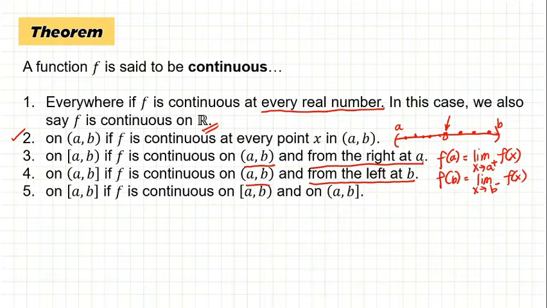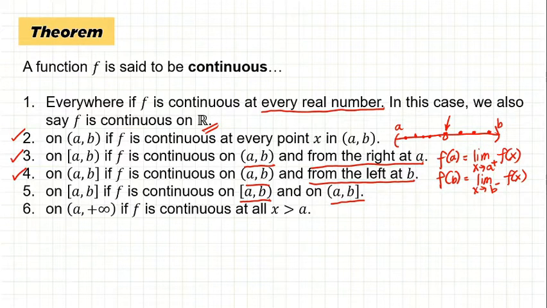For number 5, it is continuous on the closed interval AB if F is continuous on this half closed, half open AB and this one. Okay, so balik kayo kay 3 at kay 4. So dapat masatisfy yung 3 at saka si 4.